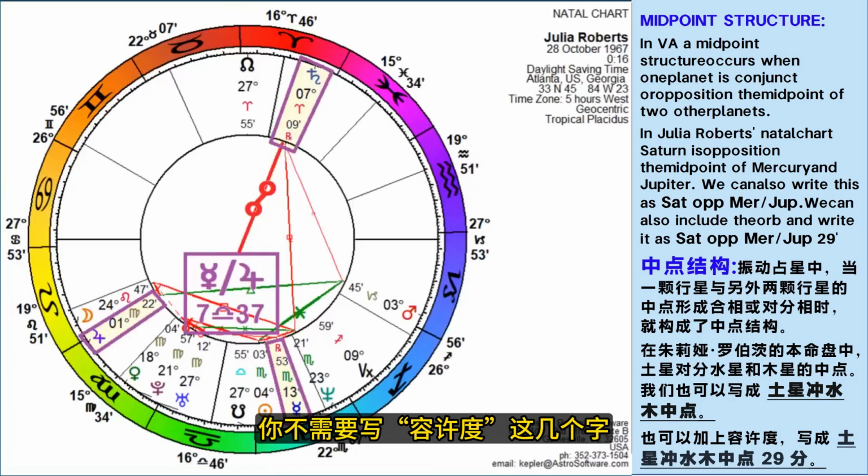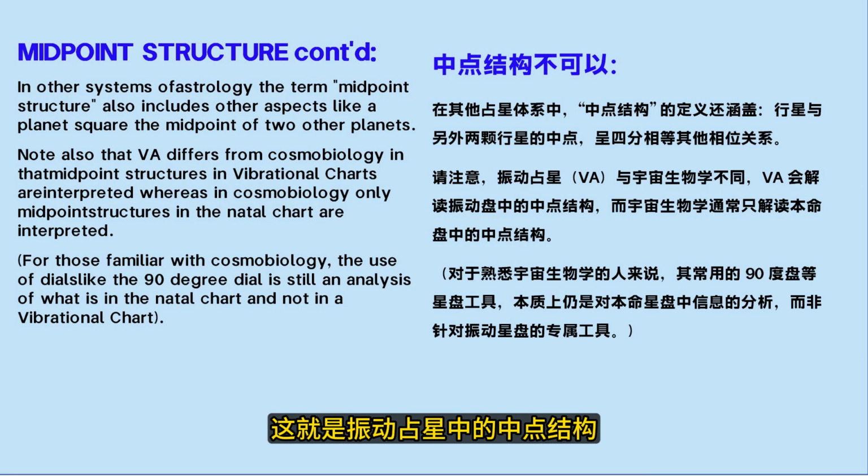And you don't have to write the word orb. It's assumed the 29 minutes refers to the orb. And so that orb will go anywhere from 0 to 1 degree 30 minutes typically is how we usually do it. So that's a midpoint structure in vibrational astrology.